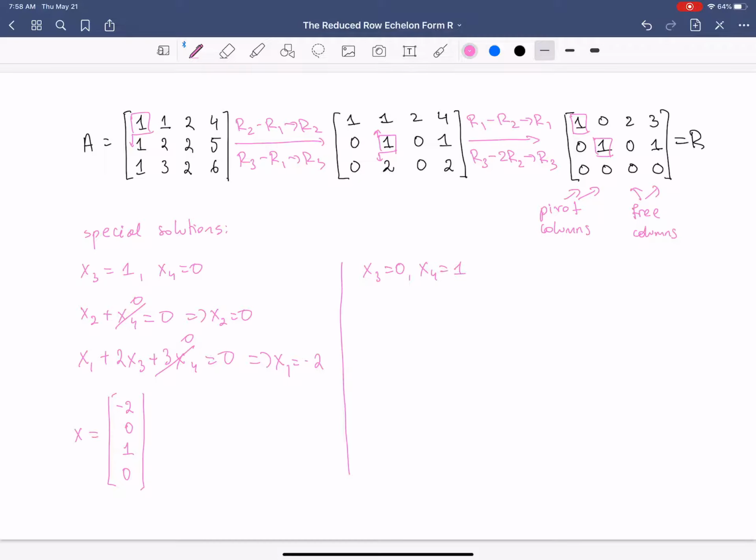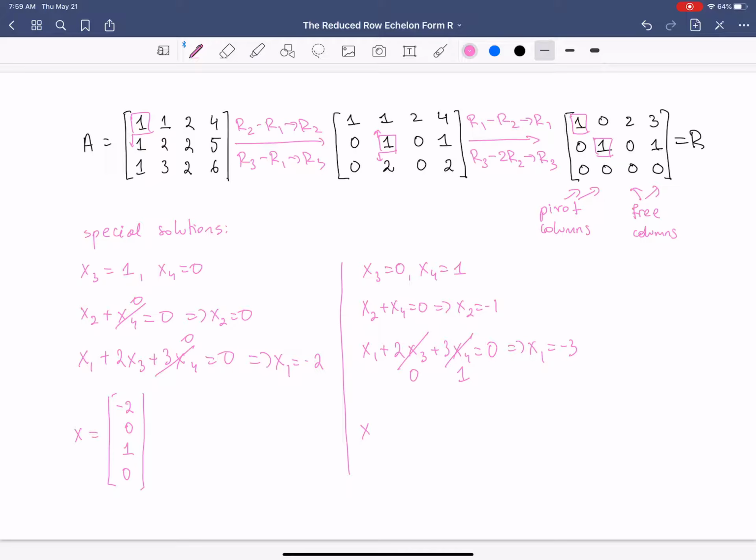So from the second equation, we get x2 plus x4 is 0, which means that x2 will have to be negative 1. And then from the first equation, we have x1 plus 2x3 plus 3x4 is 0. x4 we know to be 1, x3 is 0. So we have x1 plus 3 is 0, which means x1 is negative 3.